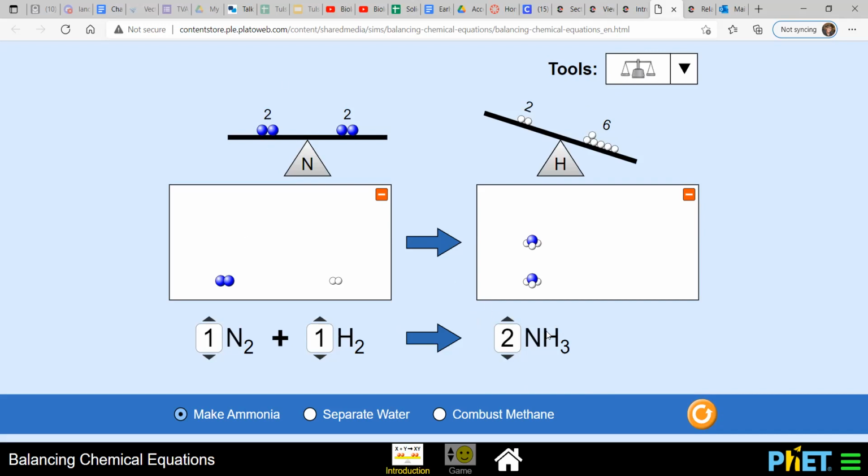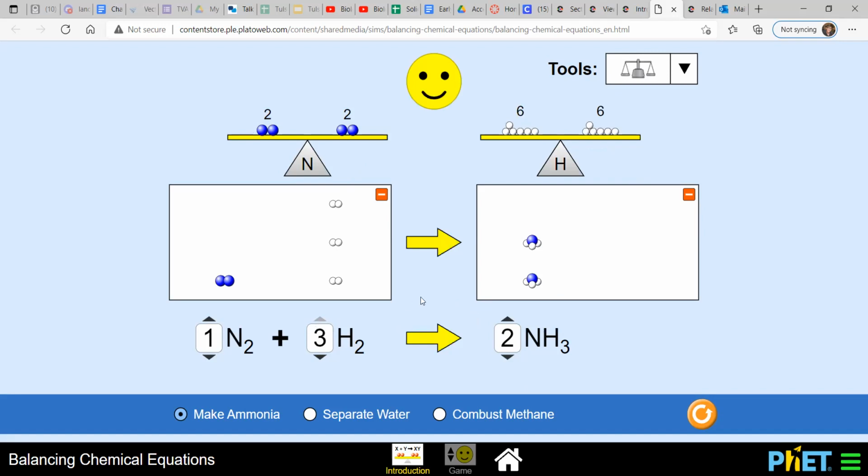If we add that second ammonia molecule, we have a balanced nitrogen set: two over here and two over here. But for the hydrogen, there's two on the left-hand side and six on the right-hand side. We can just add two more molecules and we get a little smiley face. Yay, we did it. And that is that.